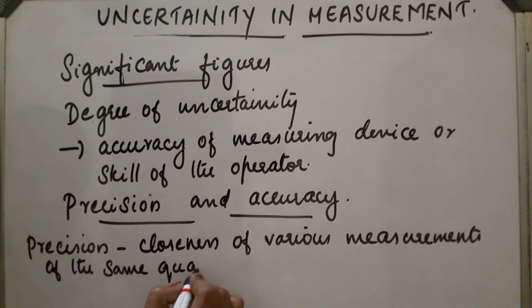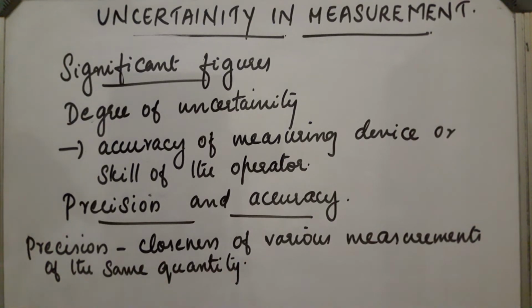Or we can say, if two or more measurements are taken, how close these measurements are to each other. That closeness is known as precision.